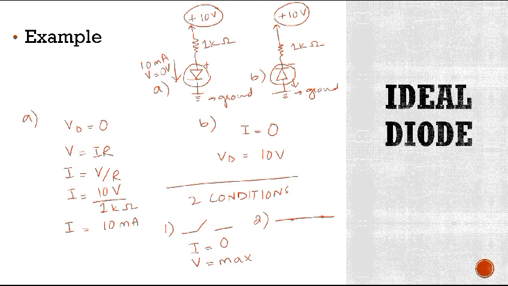In this case, voltage drop is 0 and current is maximum. This first condition is reverse biased condition and the second condition is forward biased condition. These forward and reverse biased conditions are the modes of operation of an ideal diode.